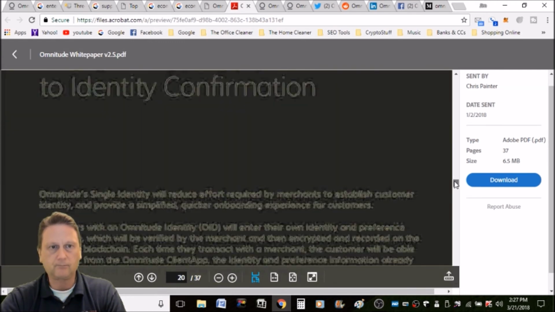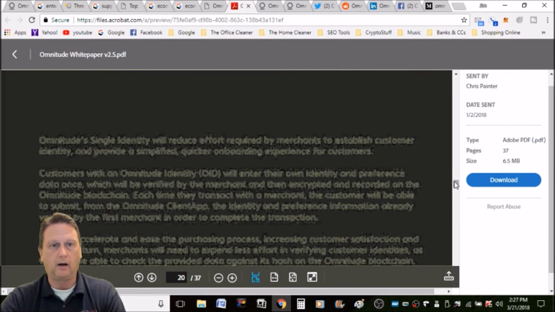Omnitude again has the identity confirmation, where they will reduce fake reviews and fake identities, or eliminate it altogether if you're going through Omnitude's platform. And honestly, those fake reviews are costing a lot. They're costing consumers, and they're costing merchants a lot.